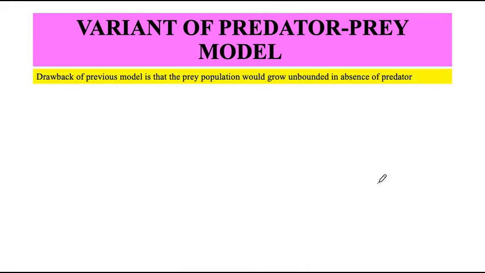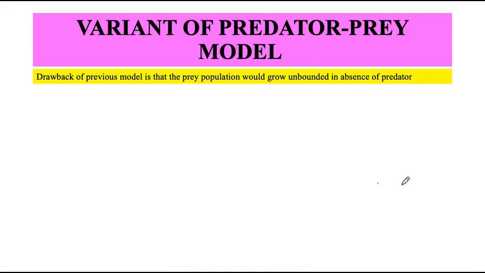Now let us see if we need to make some more assumptions or relax some assumptions, to arrive at a more realistic model. The drawback of the previous model was that the prey population would grow unbounded in the absence of predator, which means they would never die by themselves, which is contradictory to nature.